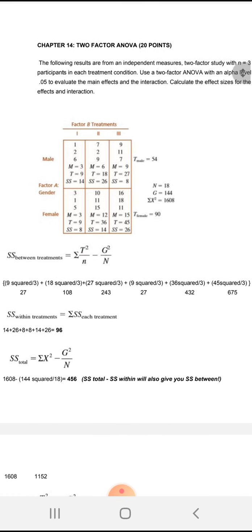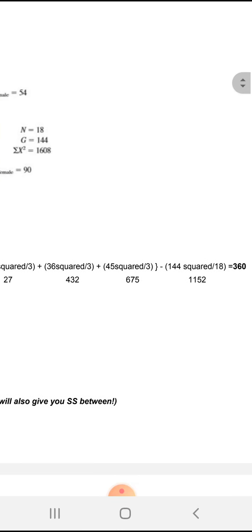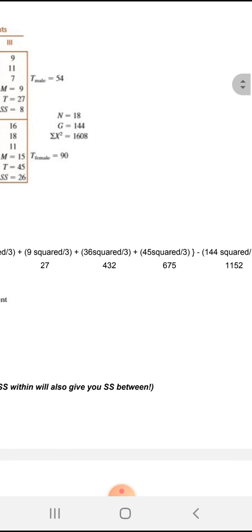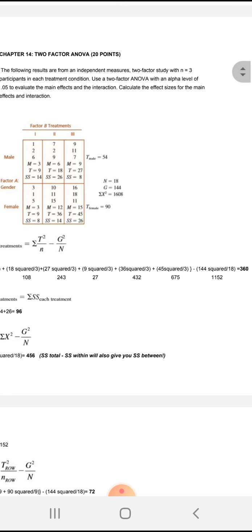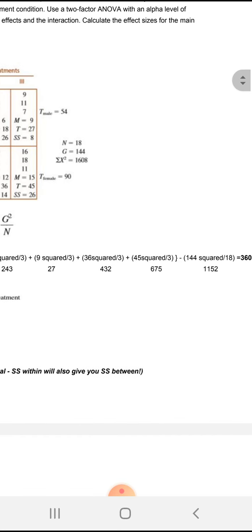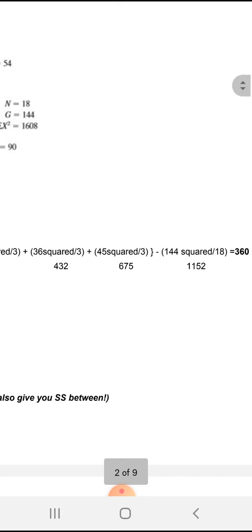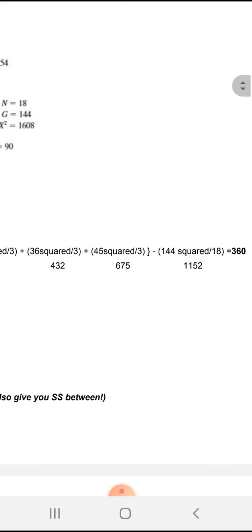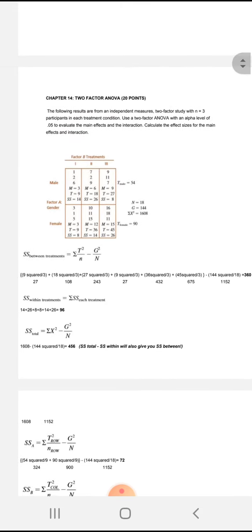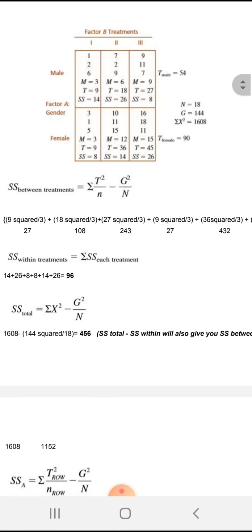You do that step first, and you get all of these numbers. You add these numbers up, and you subtract G squared divided by N, so 144 squared divided by 18, which is 1152. You will get 360. That is your SS between treatments number.